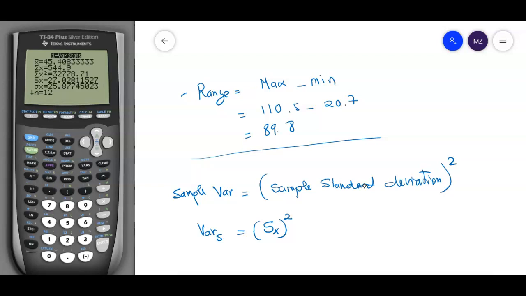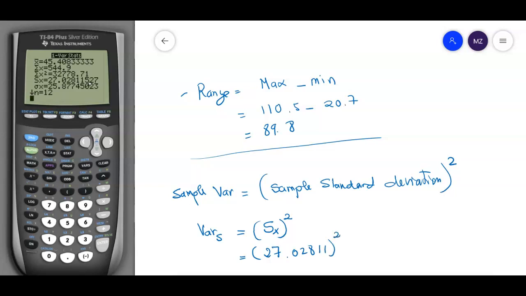So going back to my calculator, I can see my SX over here is 27.02811, whatever it is. So you just have to type it into the calculator, 27.028. It doesn't hurt to keep a few digits. Well, 1 here is fine.